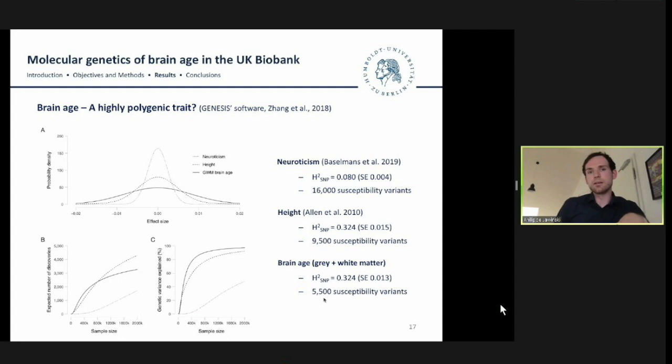So the bottom line here is that although brain age still is a highly polygenic trait with an estimated number of 5,000 susceptibility variants, when compared to other complex traits, it appears that the degree of polygenicity is relatively low.